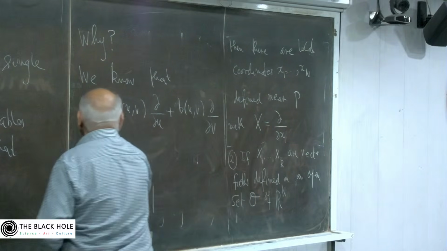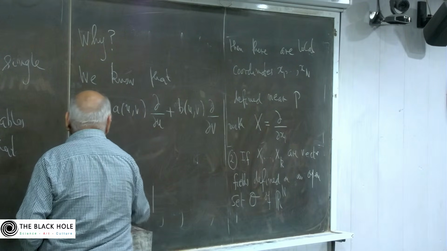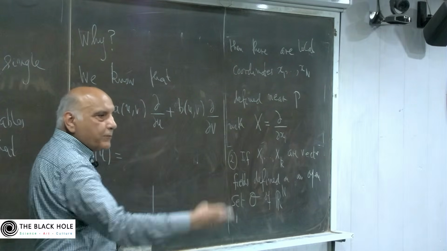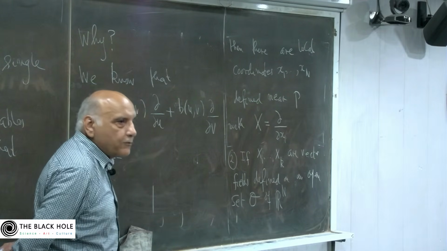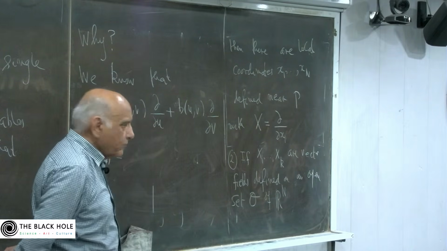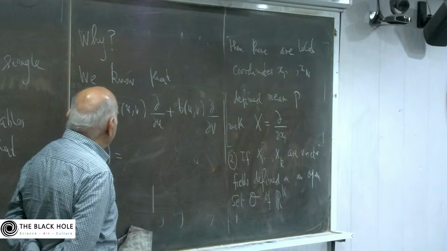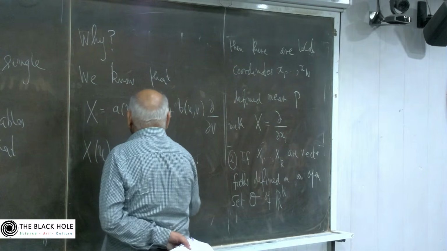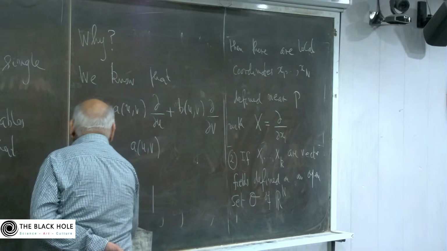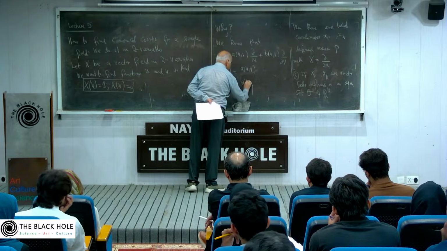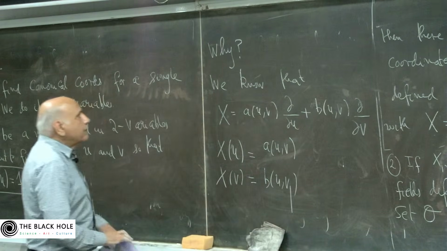So what is x of u? What is x of u? Plug in here. u and v are independent variables, which means partial u by partial u is 1 and partial u by partial v is 0. So what do you get for x of u? a of (u,v), and x of v? b of (u,v), right?